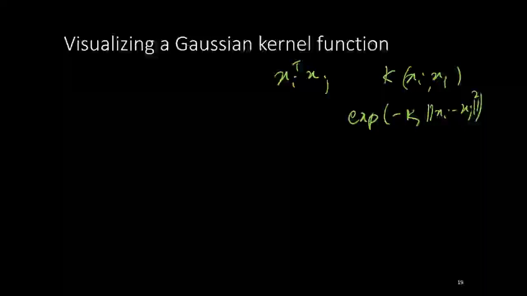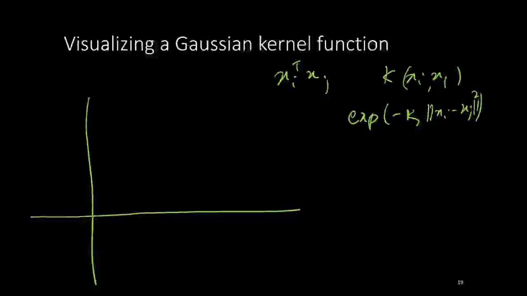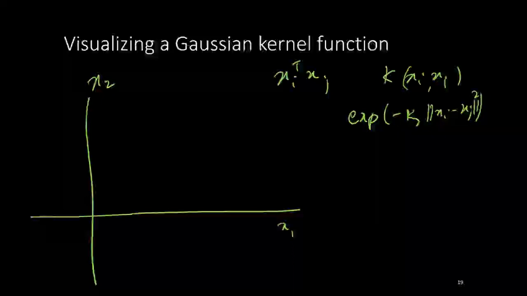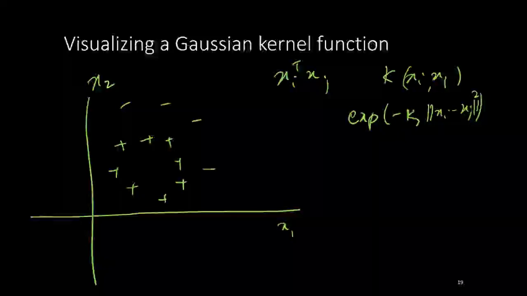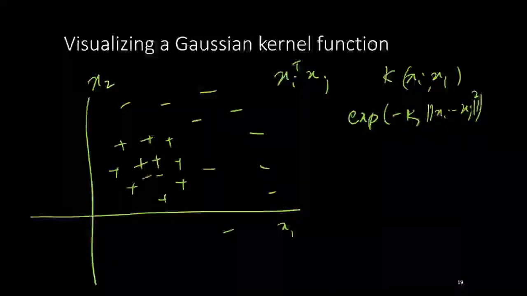Okay, so that is basically the Gaussian kernel. So what will happen is, let's say we have the x1 x2 boundary, and we have some positive points and we have some negative points, lots of negative points, lots of positive points.